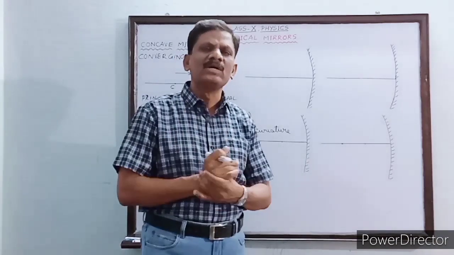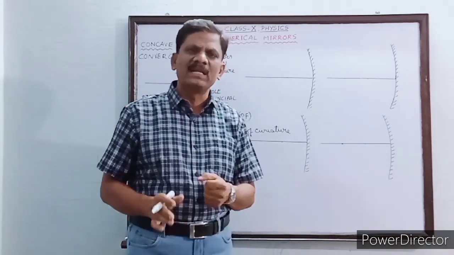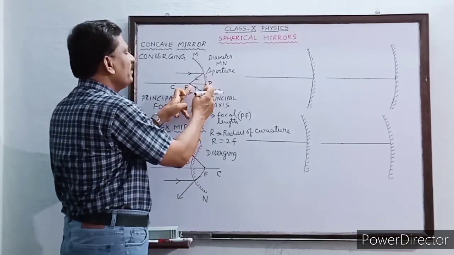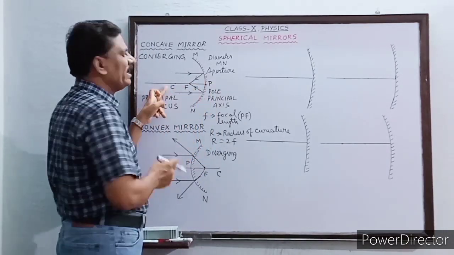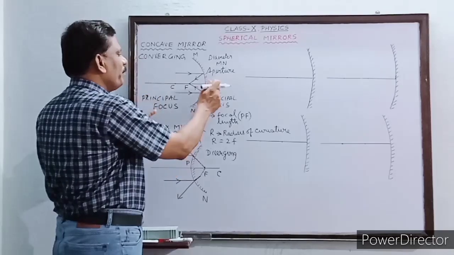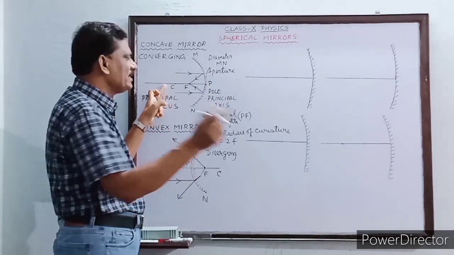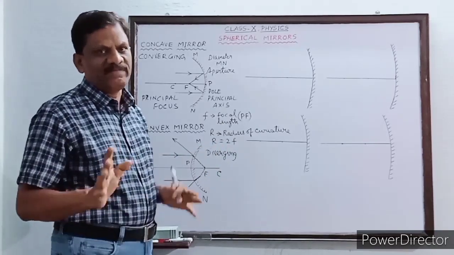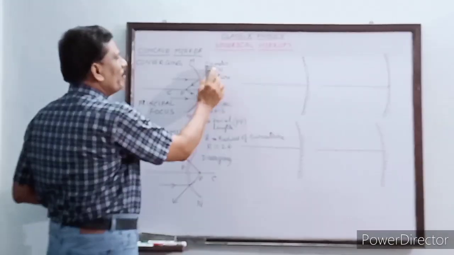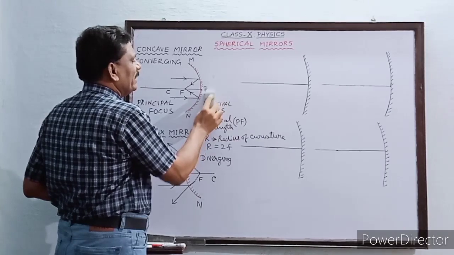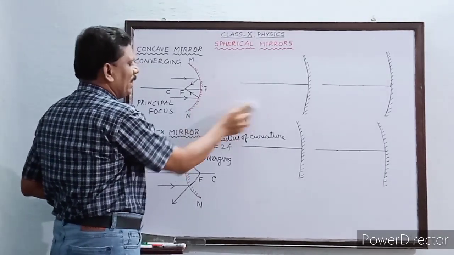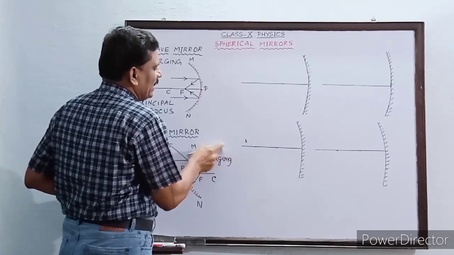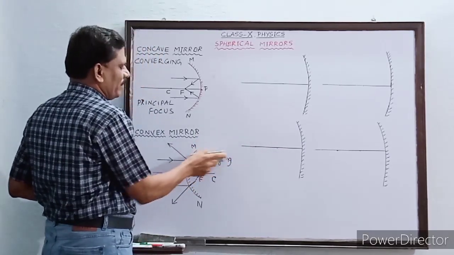R is equal to 2f, whether it is a concave mirror or a convex mirror. If you take a scale and measure the distance between P to F and F to C, both will be equal. Therefore, P to C distance is equal to twice PF. Therefore, R is equal to 2f. Okay, students, I hope you must have understood these definitions of pole, principal axis, radius of curvature, center of curvature, and principal focus.